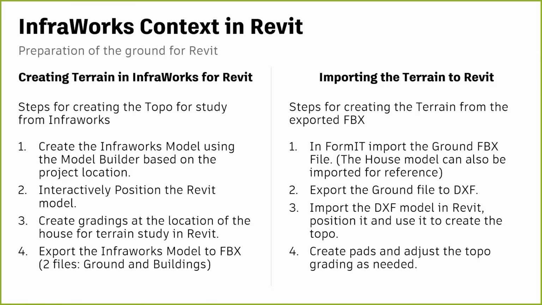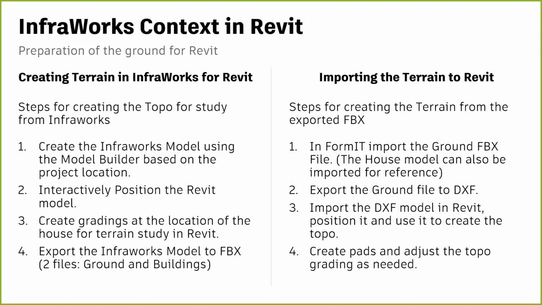Now, what did we do to bring that export into Revit? We cannot bring the FBX files directly into Revit. So we used Forma to import the ground. We imported the ground FBX file into Forma. We also brought in the house model.